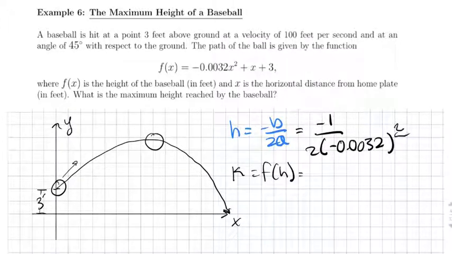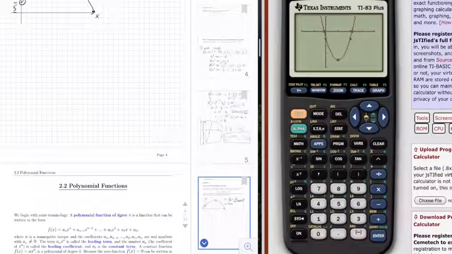So then this is approximately, the top is negative 1, the bottom is 2 times negative 0.0032. Uh-oh, didn't get that right. Squared.